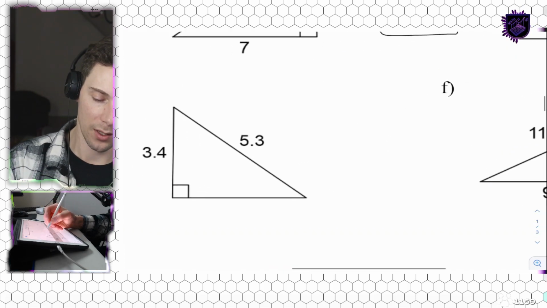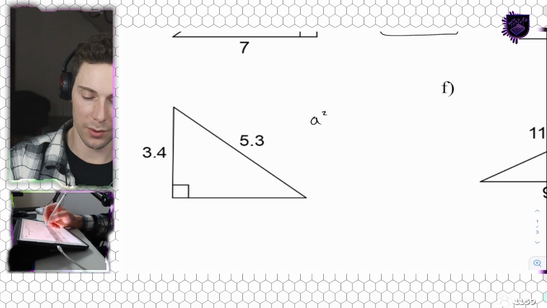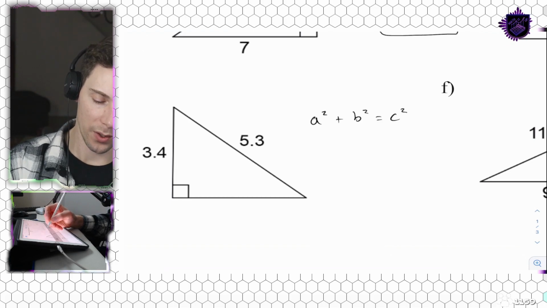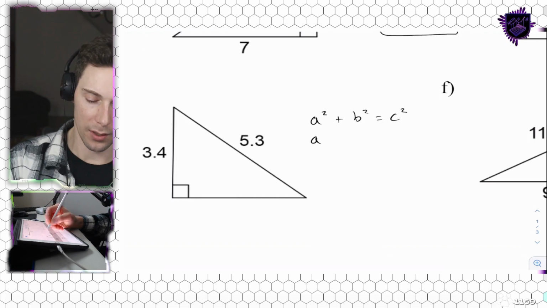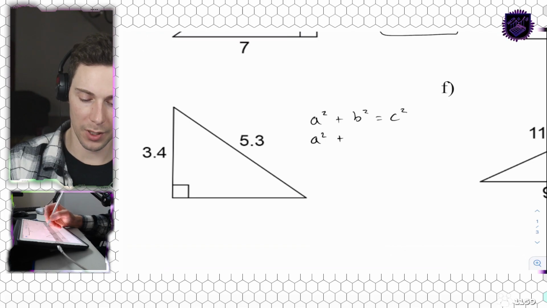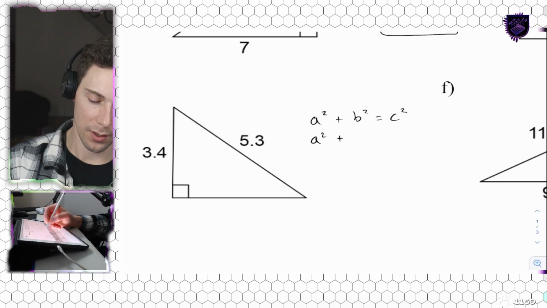All right. Write out our formula. A squared plus B squared is equal to C squared. We do our A squared, next step on our formula, plus 3.4 is equal to 5.3 squared.